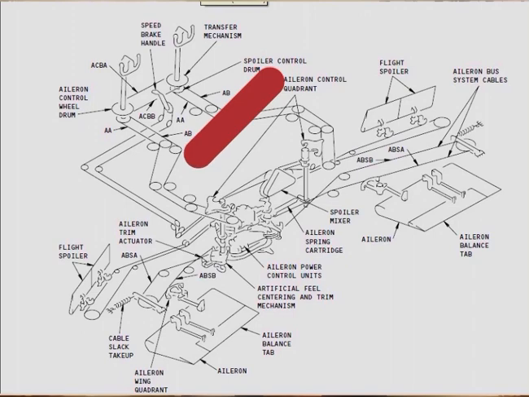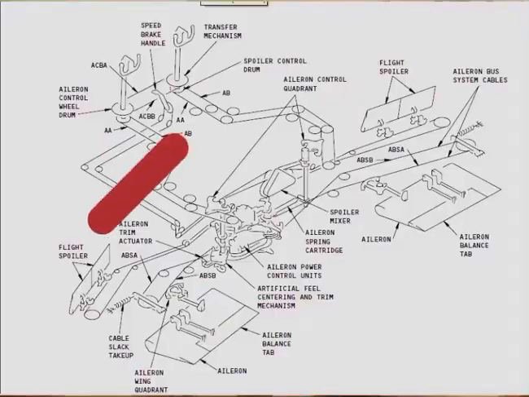If movement of the captain's wheel rolls the aircraft left or right, this means the captain's wheel is operational, and the captain immediately becomes the pilot flying, rolling the aircraft by the ailerons. But if movement of the captain's wheel does not bring any roll on the aircraft, this means the cables from the base of the captain's control column to the aileron PCU have jammed, and now we do not have any ailerons available.